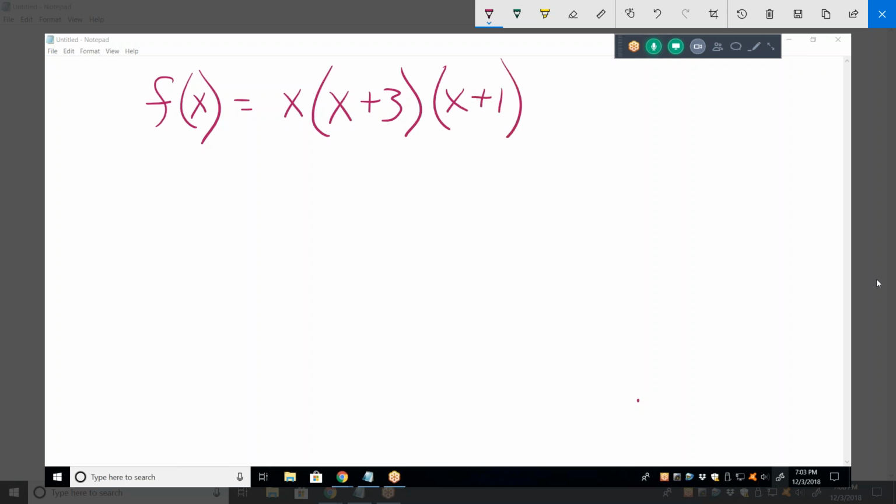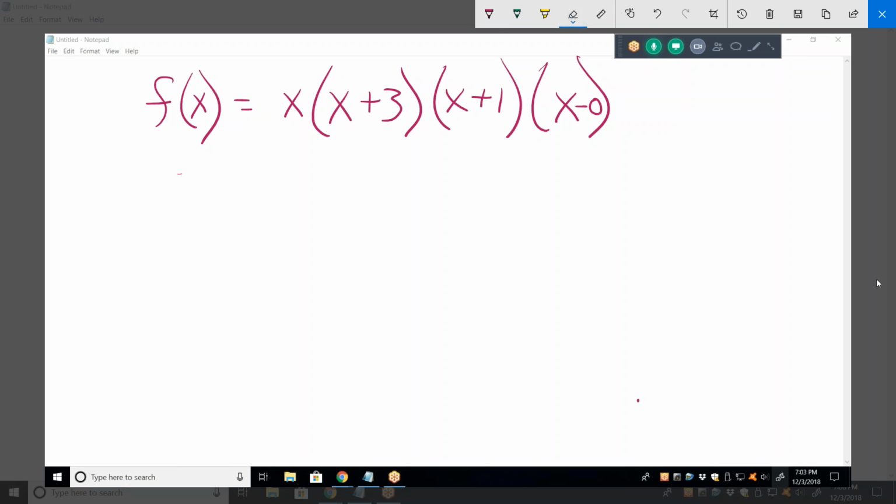So, f of x is equal to x parentheses x plus 3, parentheses x plus 1, and one more parentheses x minus 4.